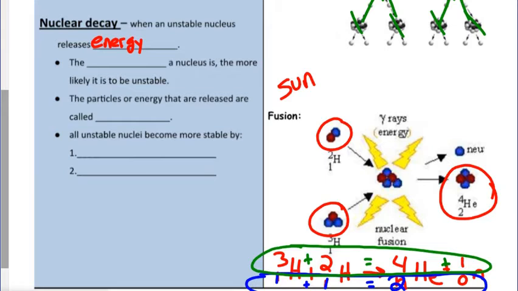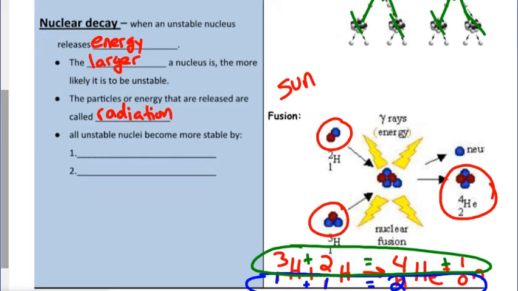So there's radiation all around you. It's just some of the radiation is bad, what we call ionizing radiation, and some of the radiation is perfectly fine. Sound radiates away from speakers, right? So the larger a nucleus is, the more likely it is to be unstable, and the particles or energy that are released are called radiation.